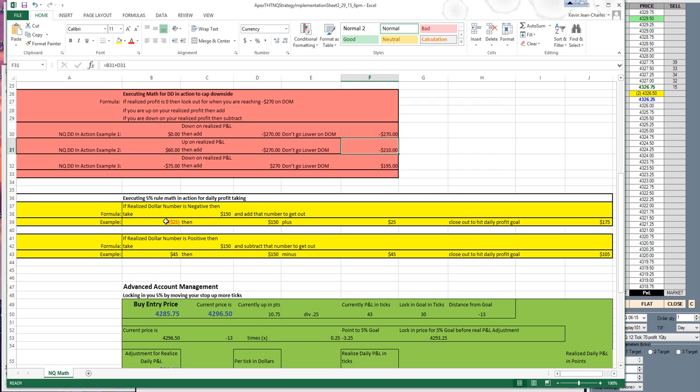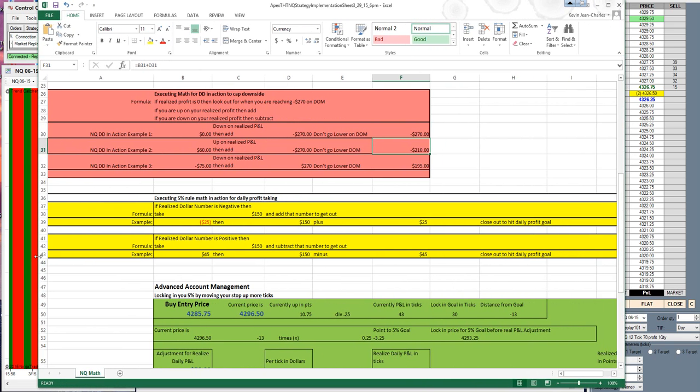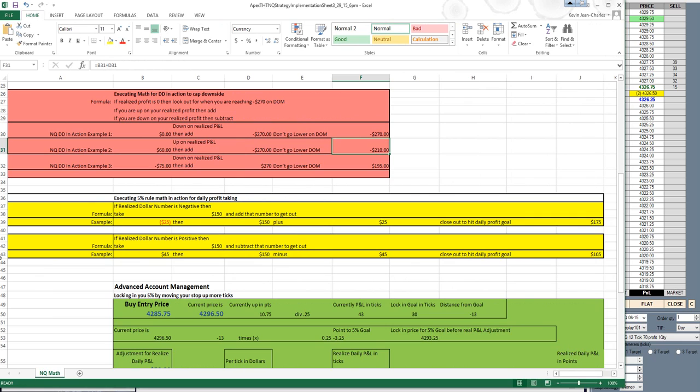So if I'm down on my realized profit right there, I'm going to take 150 and add it. And I know that when I see my DOM reach 175, I'm going to be done for the day, walk away, got my profit for the day.